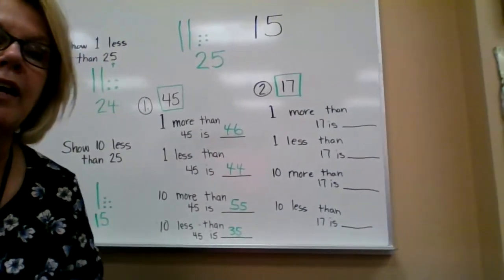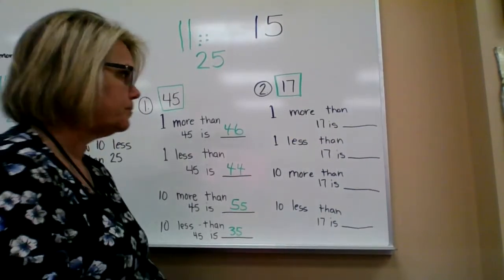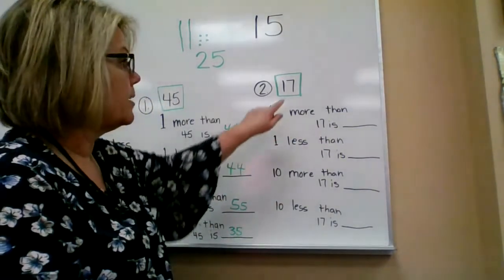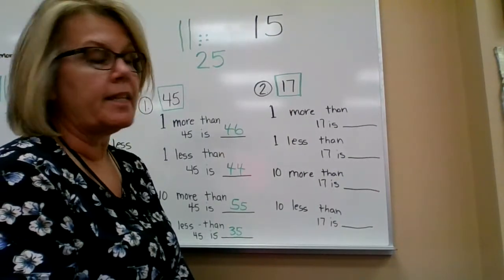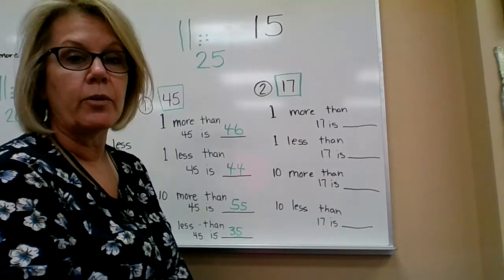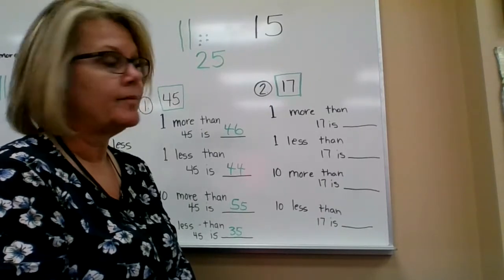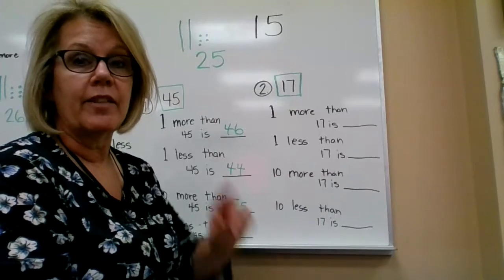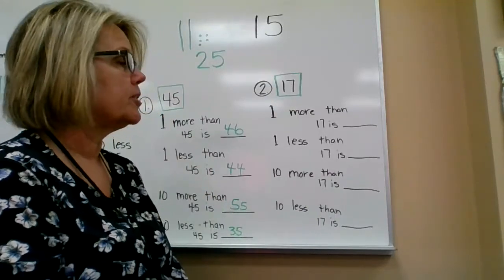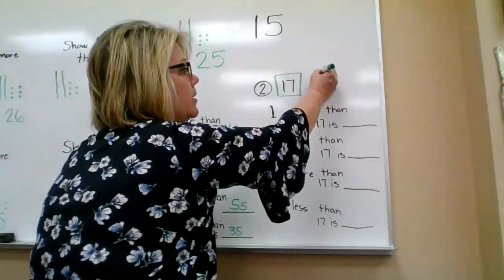Before you move on to working by yourself, we're working with the number 17. Okay? What number is in the tens place? It tells us how many groups of 10 there are. Did you say the number 1? Yes, there is one group of 10 in the number 17. Let's draw that out.